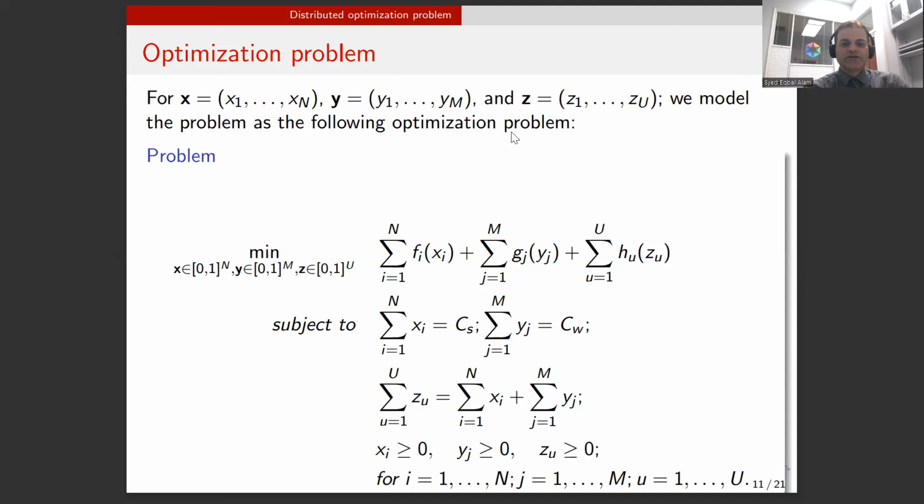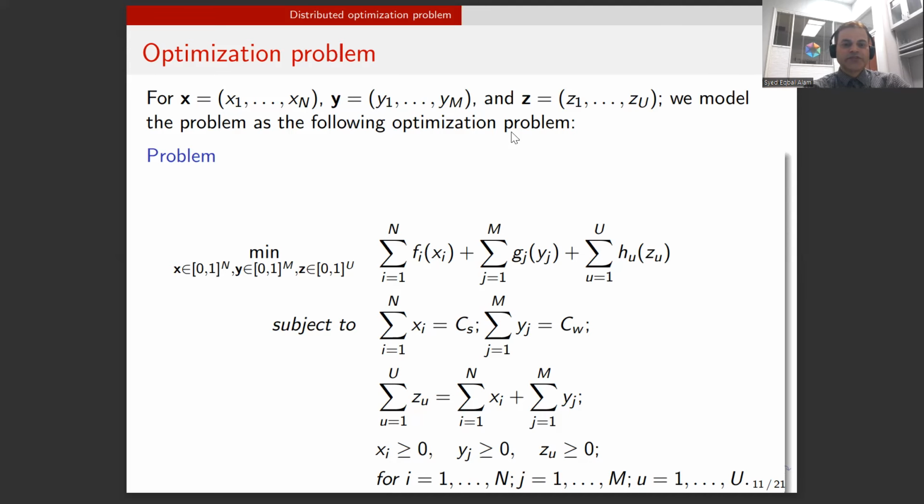The cost for solar prosumers is F_i(x_i), summed over i equal to 1 to n. Similarly, G_j(y_j), summed over j equal to 1 to m, is the total cost for the wind prosumers, and the sum over u equal to 1 to U of H_u(z_u) is the cost for the consumers.